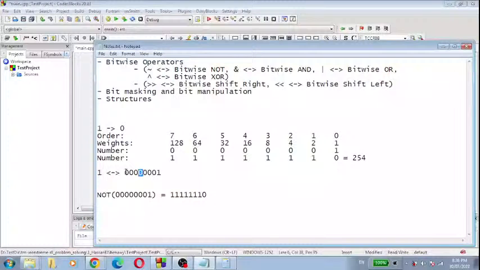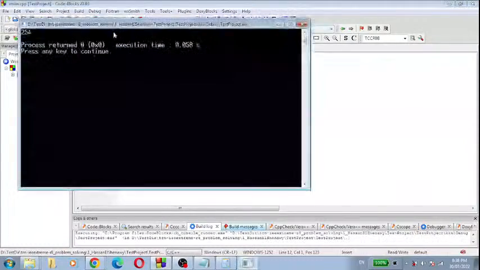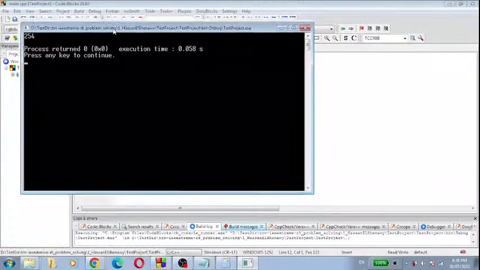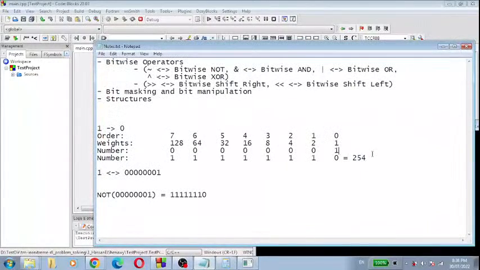So all of these are going to be complemented to get this number, which is 254. Let's run this, and now we have 254, which we have calculated here. So we are right.